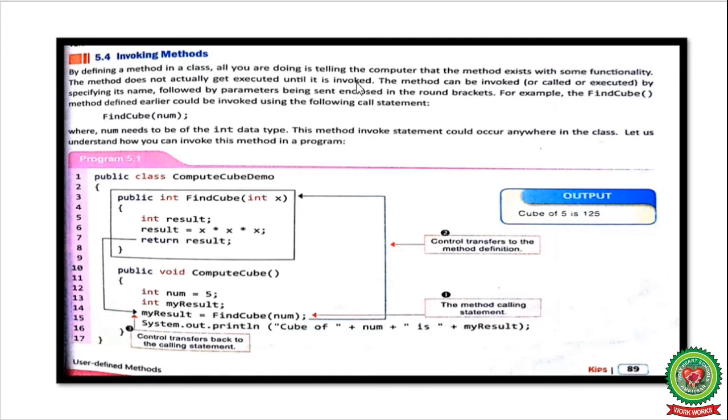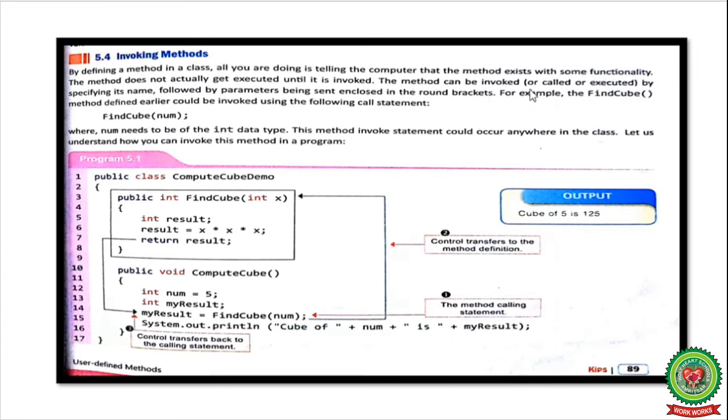As you run a normal program in which you write main, you have to compile the program, right click on it and then click on run. That is, you are calling the main method. Similarly, whenever you make any user defined method, you have to invoke it for its execution.